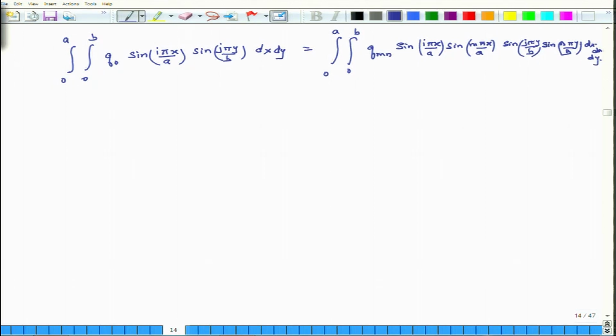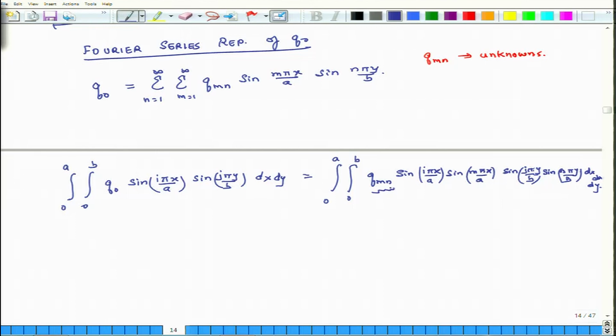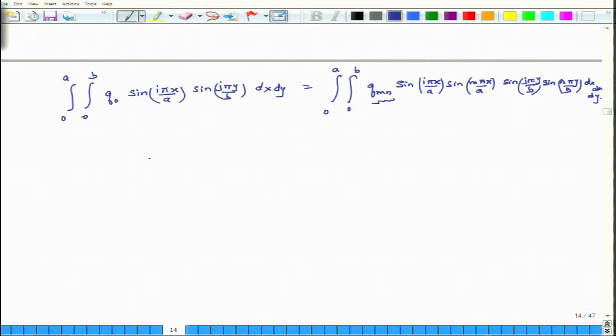I cannot write everything in one line, so it is dx times dy. This is how we compute these unknown constants Qmn. For the left side or the right side, we use a result.